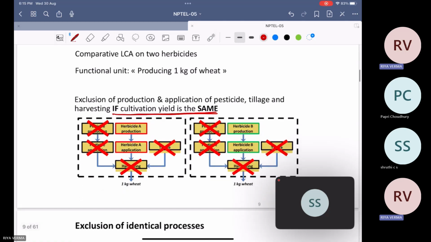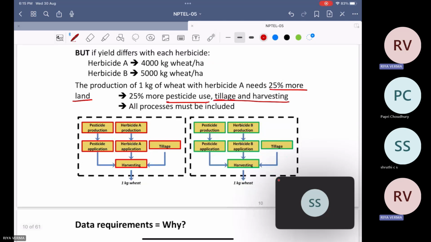But since here the cultivation yield is not the same, the processes involved along with that, for example, your land use, the pesticide usage, the tillage, and the harvesting, will have different input and output conditions. So that is why we need to incorporate these in our LCA study.